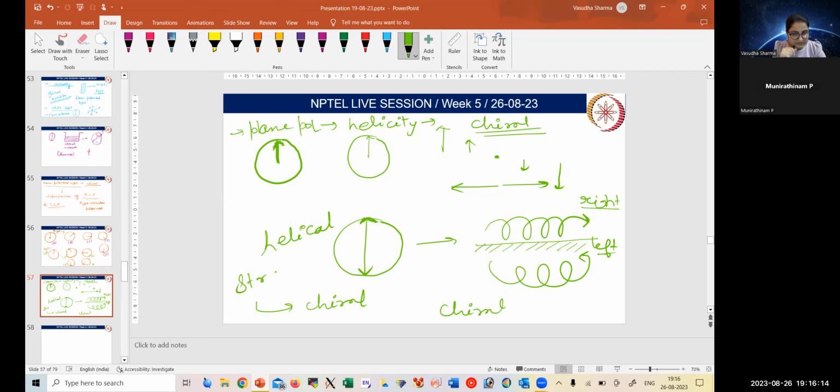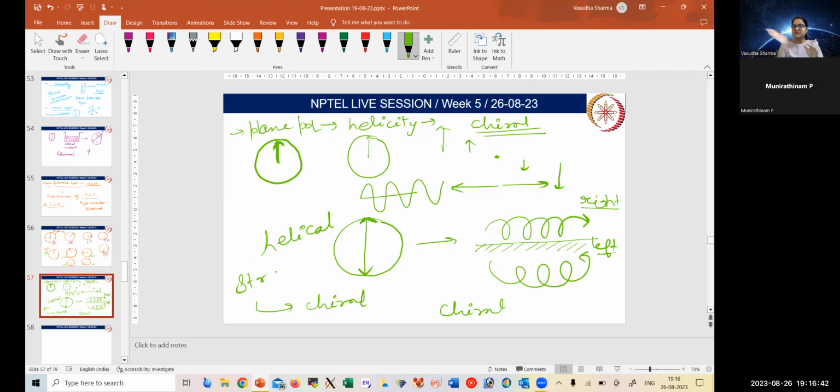Ma'am, plane polarized light, we already know that it is in a single direction. Helicity means you can see this kind of helical structure, where it is moving forward but it is having a circular motion. For example, the waveform that goes from crest to trough this way has a helical motion.